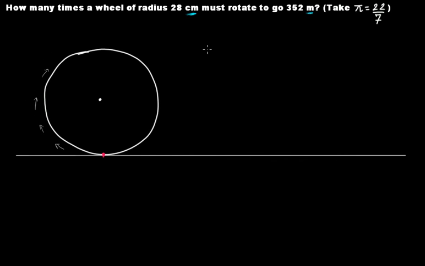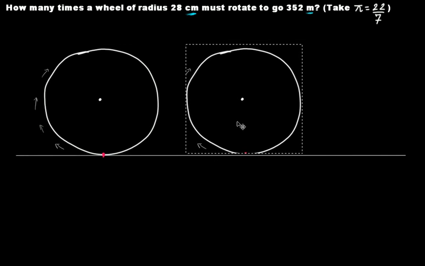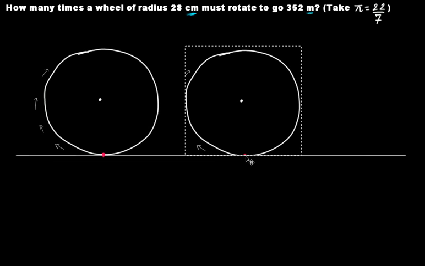So it's rotating. Imagine that after some time it has reached this point, and this red mark, ignore the previous one. Imagine that you have now come here. This red mark is now here. So it rotated, and after rotating, you reached here.